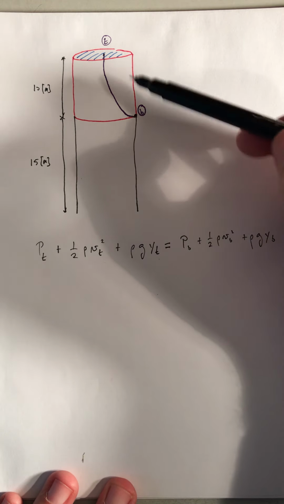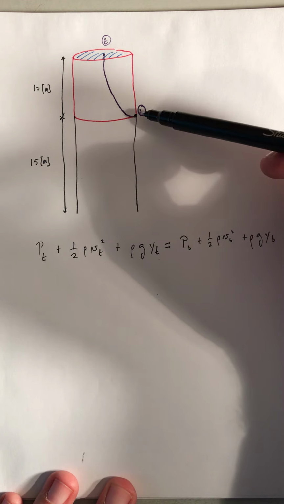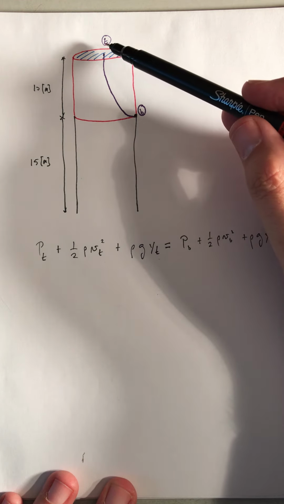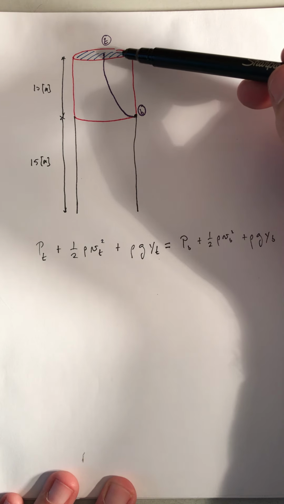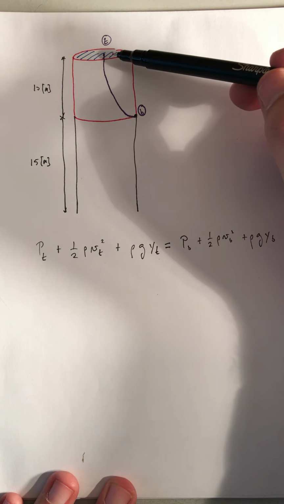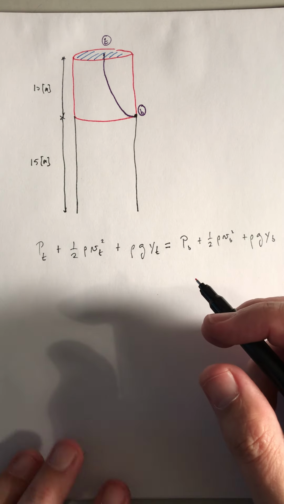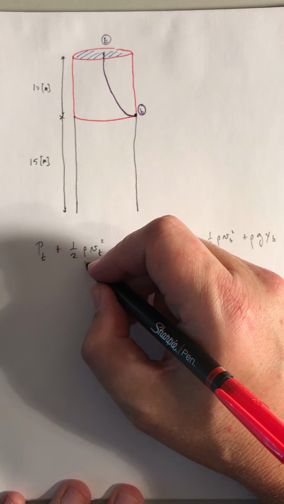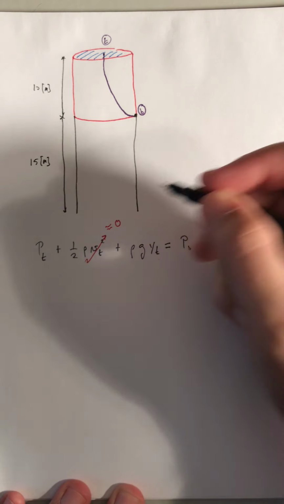So from the continuity equation, the speeds of the flows are going to be such that the speed times the area is equal. So it's going to be much faster speed for the much smaller area here at B, and a much slower speed for the much larger area at the top T. So it's going to be so slow at the top that we're going to take this to be approximately 0.